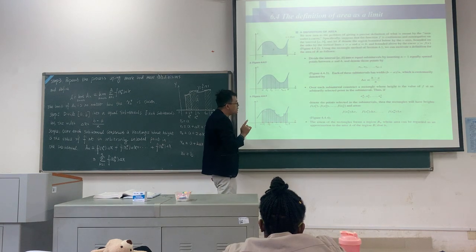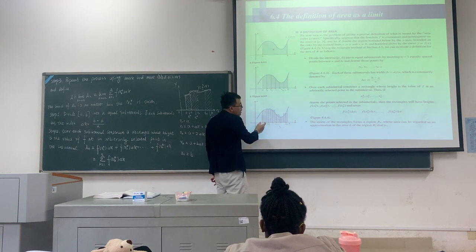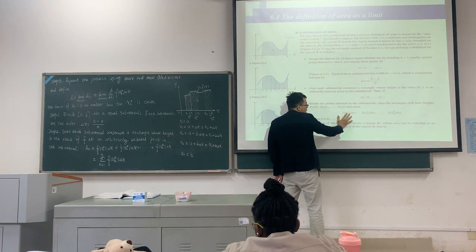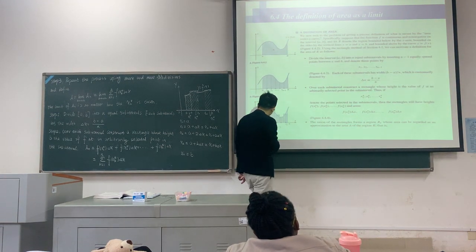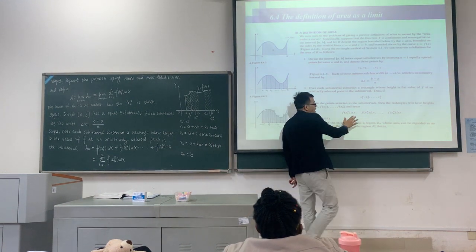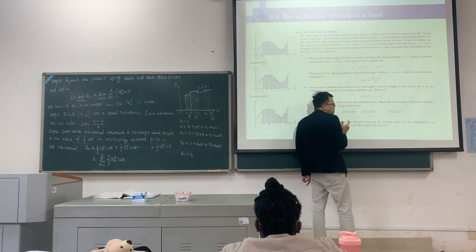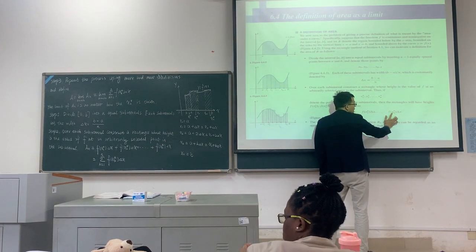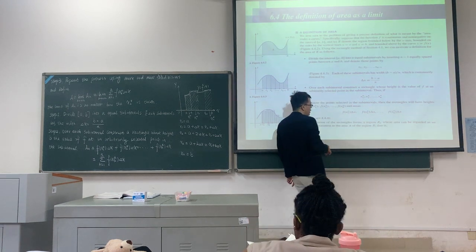The area of the first rectangle is f(x1 star) times delta x. The area of the second rectangle is f(x2 star) times the length. The area of the last rectangle is f(xn star) times the length.